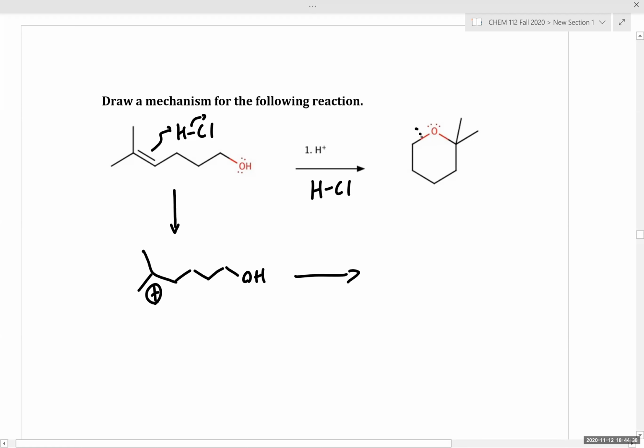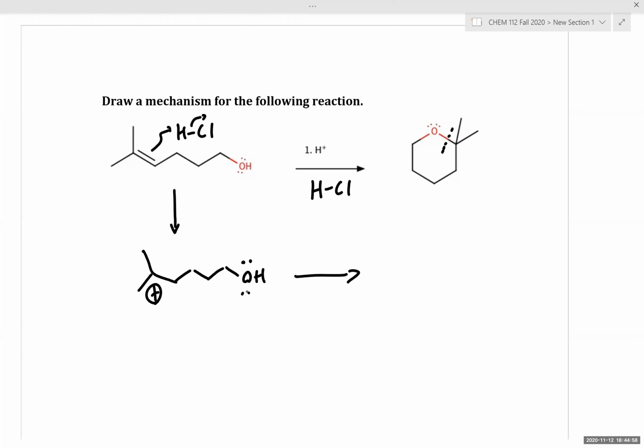So we ideally want to form a carbon-oxygen bond. What is attacking our carbocation? Is it water or is it the alcohol in our molecule? What does everyone think?